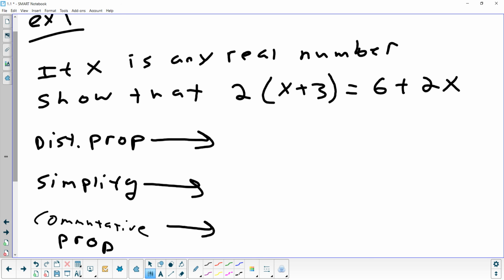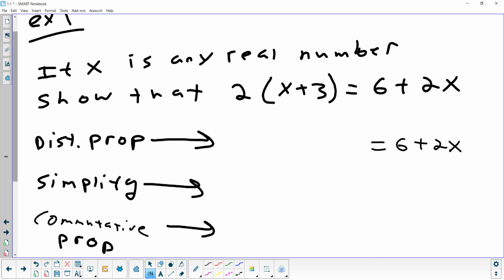So let's start with distributive property. How about Abigail? What side of the equation here uses distributive property? The left, yeah. So the left side is where we're going to do some distributive. We're going to keep the right side exactly the same for now.